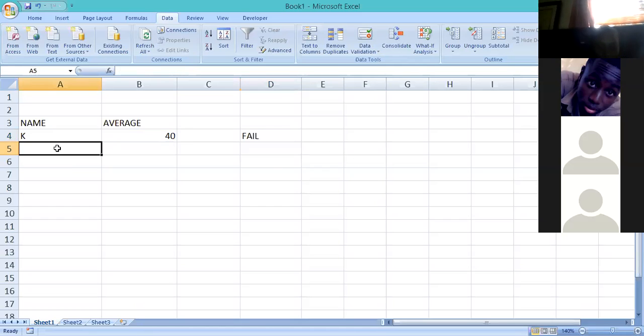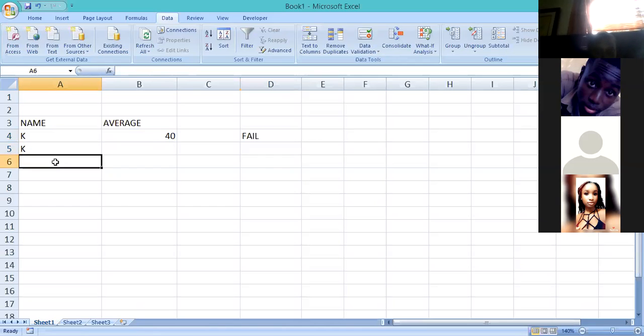And the count if, say we had, let me add some more people.